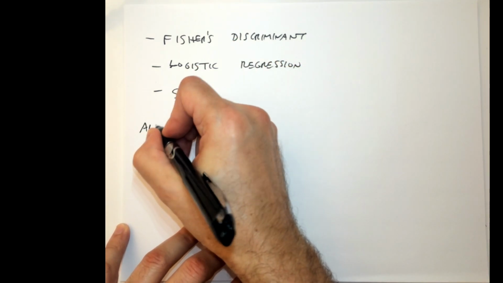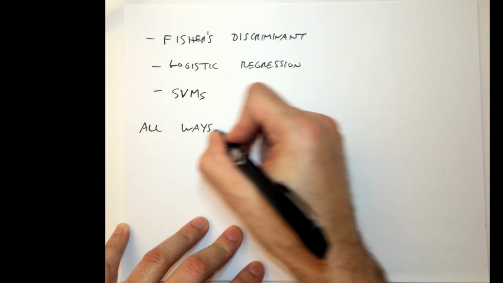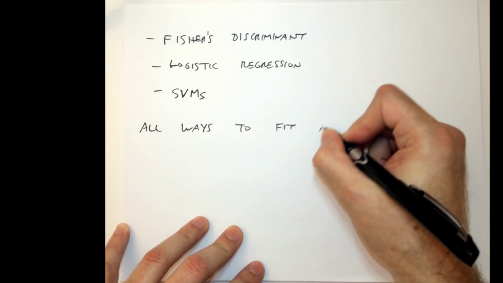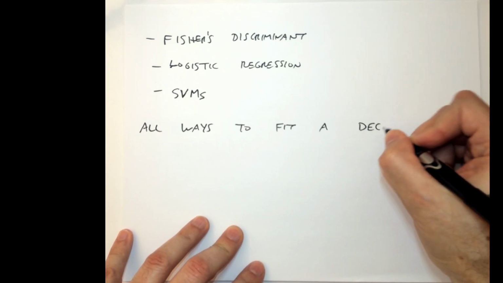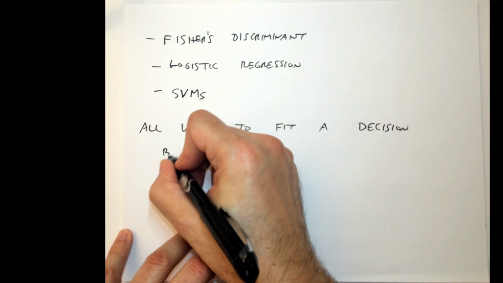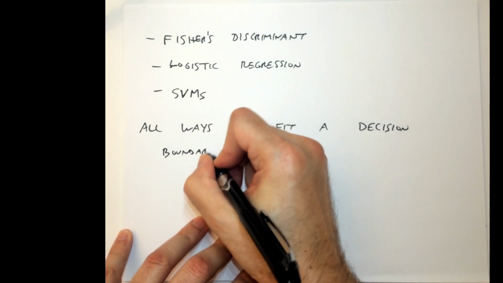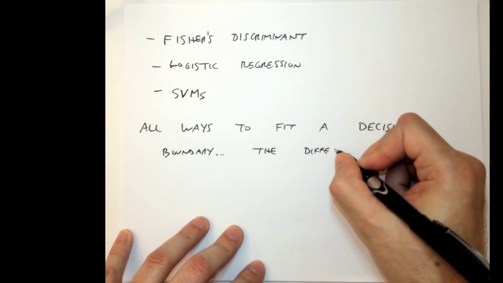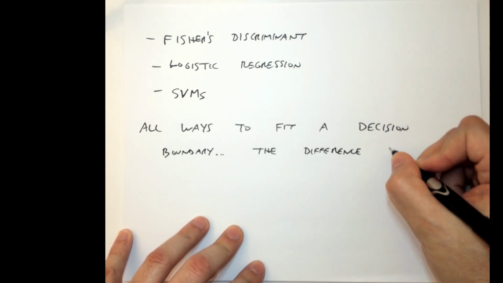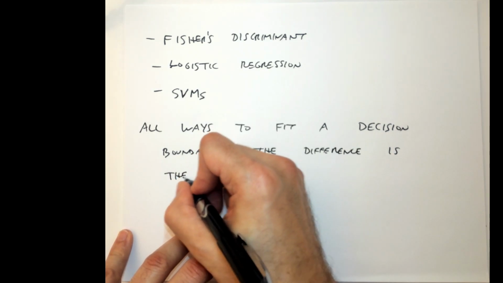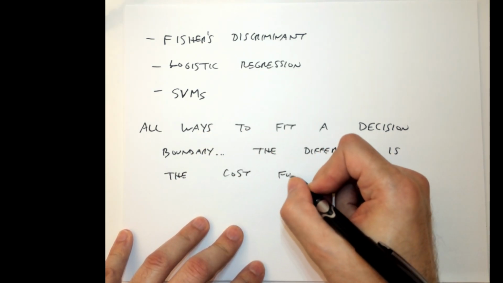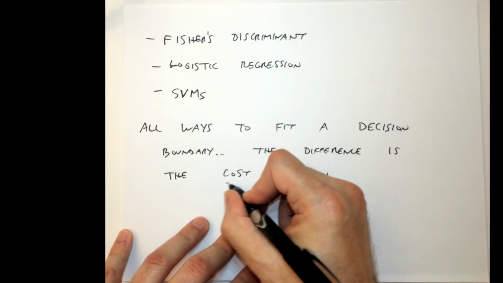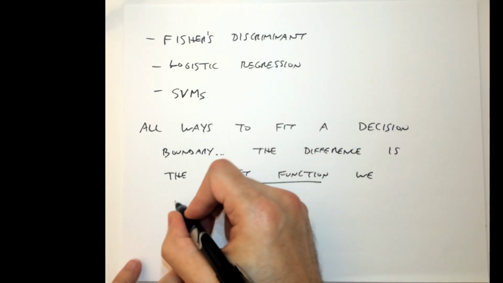Basically, these are all ways to fit a decision boundary, and the difference is the cost function that we minimize.